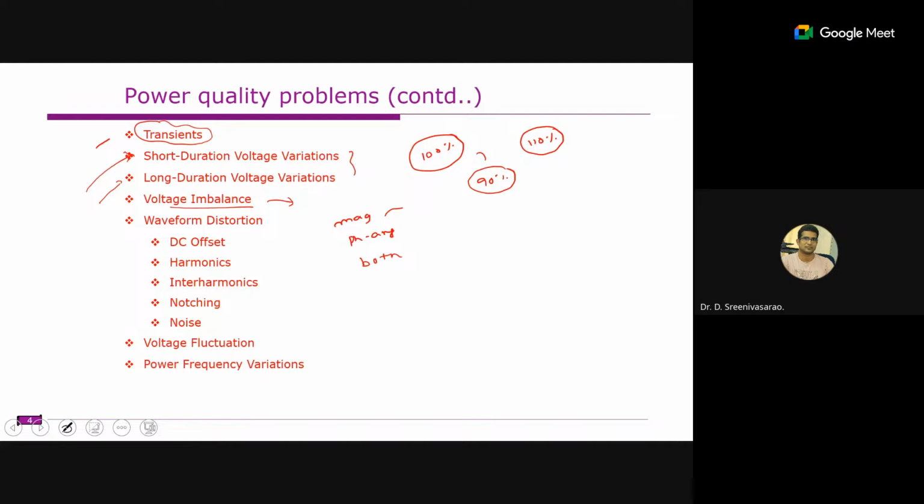If there is unbalance, the magnitudes are different for different phases. Whereas for phase angle imbalance, we normally expect a phase angle of 120 degrees to be maintained among the phases.